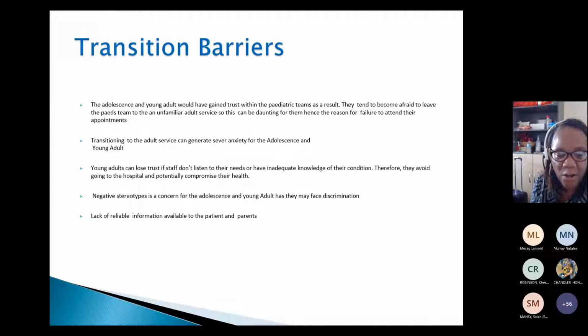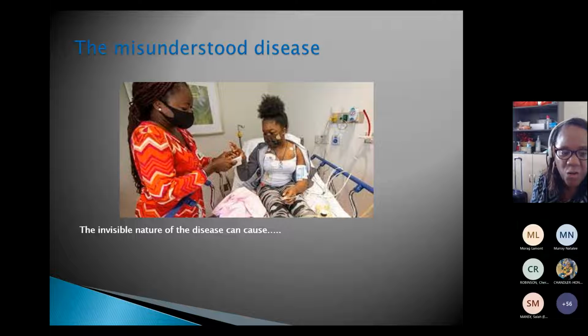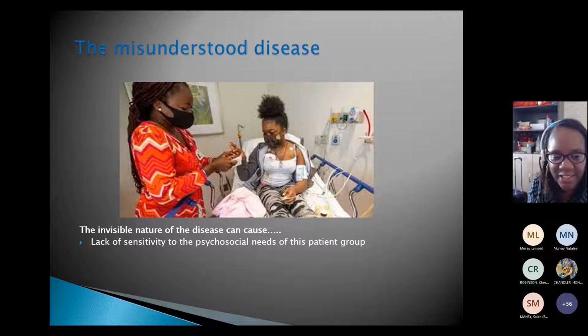Again, there is a bit of lack of reliable information available for patients and parents. And again, there are some poorly managed transition services. So, the misunderstood disease. As we are aware, sickle cell is invisible in nature, therefore it's a hidden disease that cannot be seen.